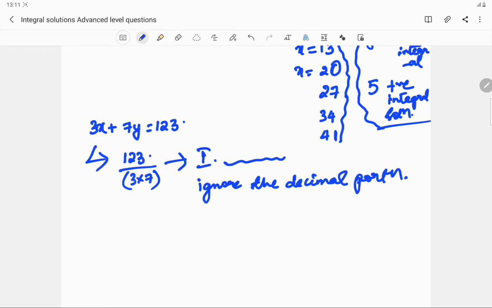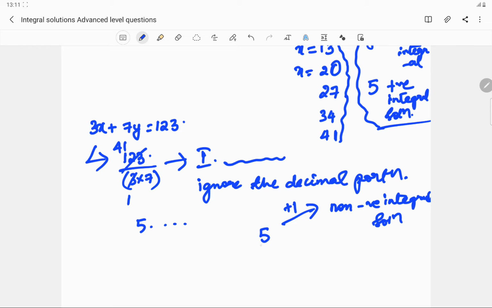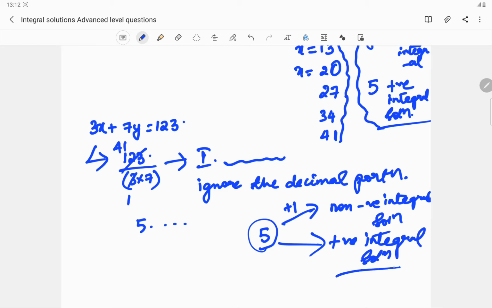Here, this is 41, so it is 5 point something. So take that 5, add 1 to get the non-negative integral solutions. And this 5 will be the positive integral solutions to this equation. You can solve in this way also.